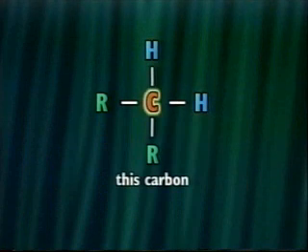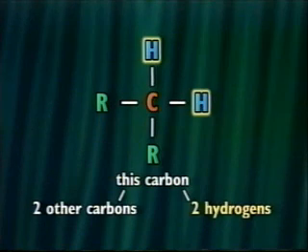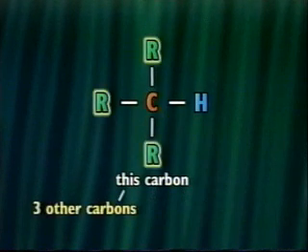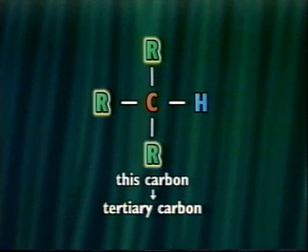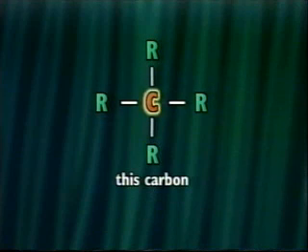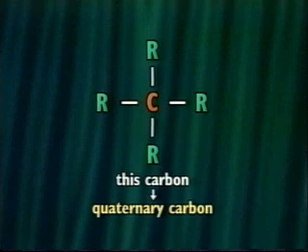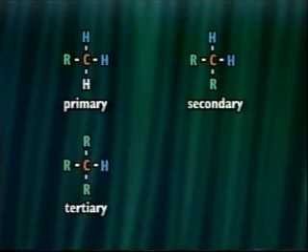That lets us know that our carbon is attached to 2 other carbons and 2 hydrogens. We call this type of carbon a secondary carbon. And this carbon here, with 3 R's and only 1 H, is called a tertiary carbon because it's attached to 3 other carbons. Finally, this carbon here, with 4 R's attached to it, is called a quaternary carbon. Got it? Primary, secondary, tertiary, and quaternary.